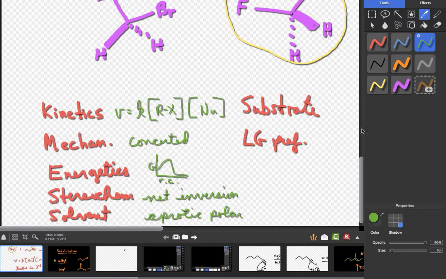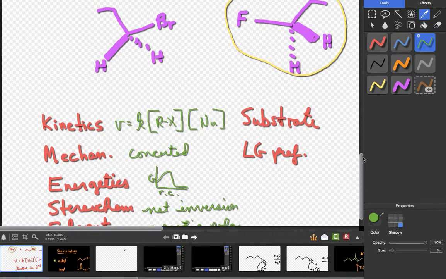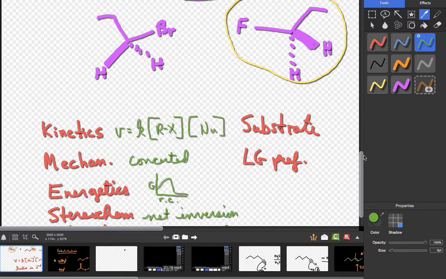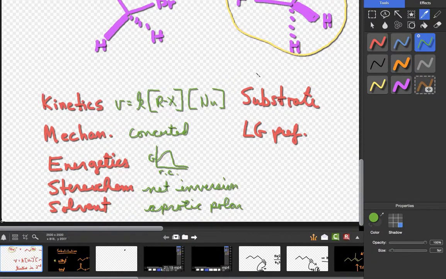Substrate, the more bulky a substrate is, the less likely backside attack is facilitated. So a methyl is the most reactive for SN2, then a primary, then a secondary. Tertiaries are so slow, their activation energies are so high, we essentially do not consider those to occur.